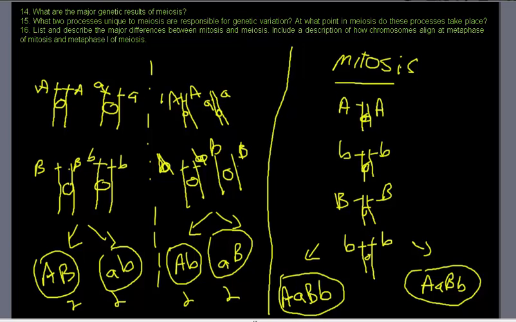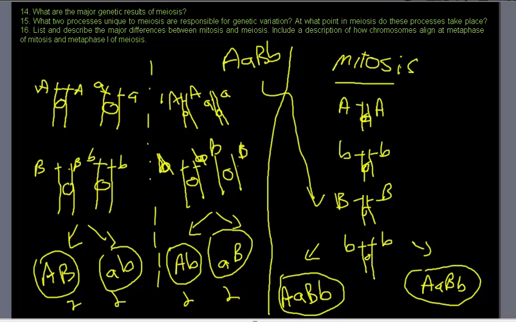And remember, in both these cases, we started out with this: big A, big B, little b. So here, we end up with big A, big B, little b, because they're identical. But here, we end up with half the number of genes, and we end up with different combinations.